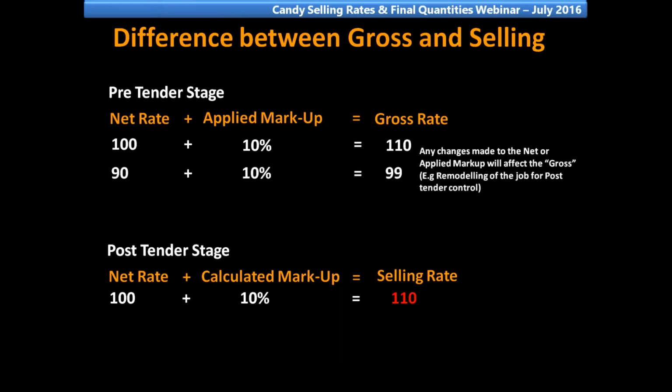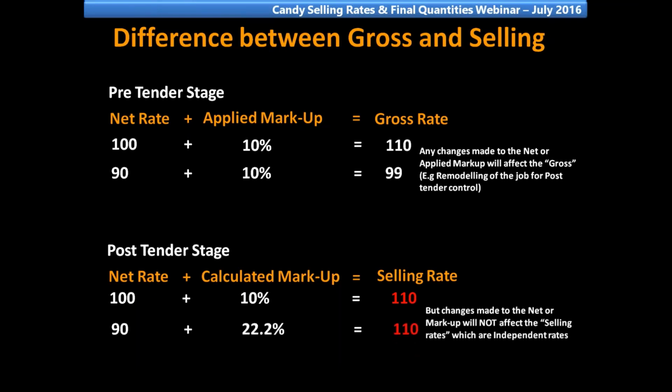Any changes made to the net or applied markup will affect the gross rate, for example, remodeling of the job for post-tender control. But changes made to the net or applied markup will not affect the selling rate, which are independent rates. You can further see my example.